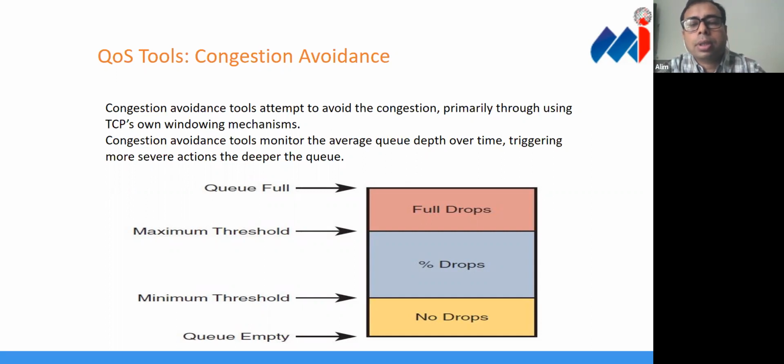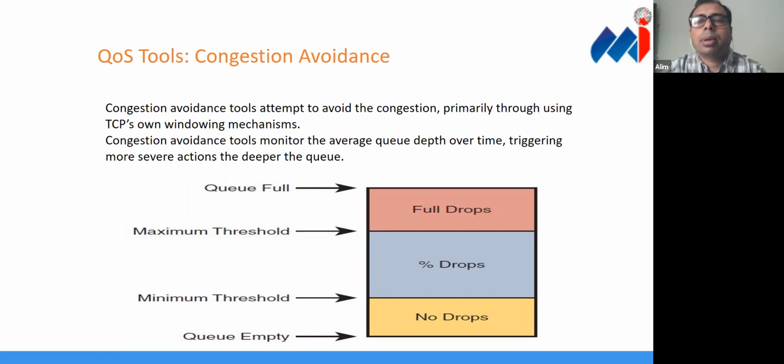But if it is between the minimum threshold and maximum threshold, then different percentages of packets will be discarded, or when it reaches the maximum level, the packets will be dropped. So in this way, the number of packets is reduced.